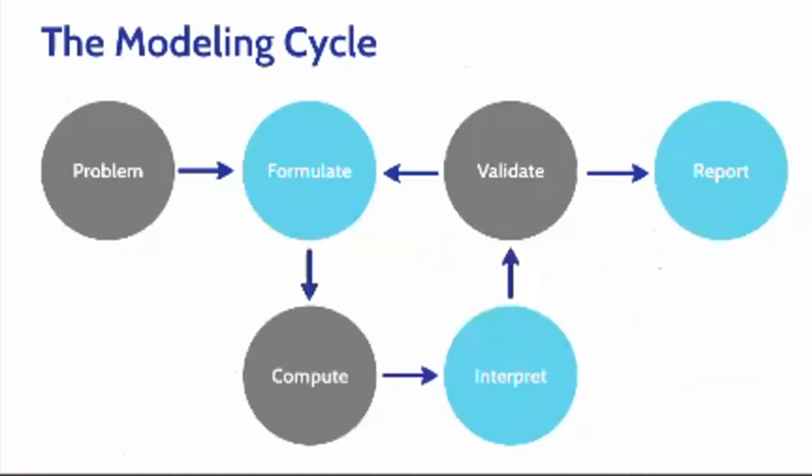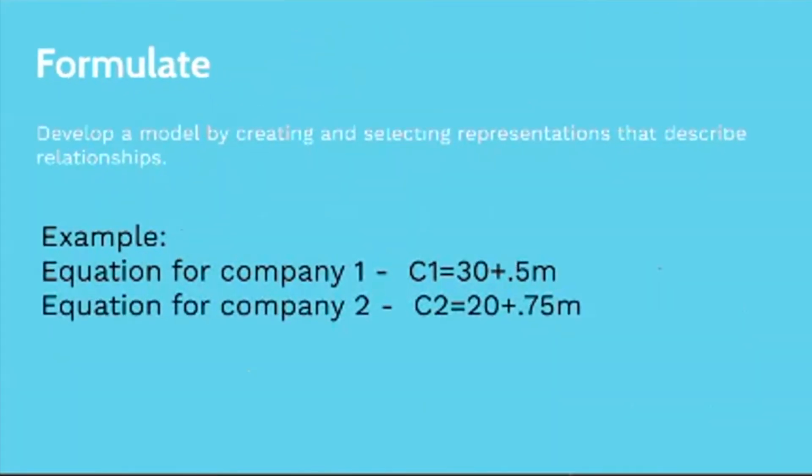Then we created equations based on those. So C1 is equal to $30 flat plus 50 cents a minute, and C2 was $20 flat plus 75 cents a minute.